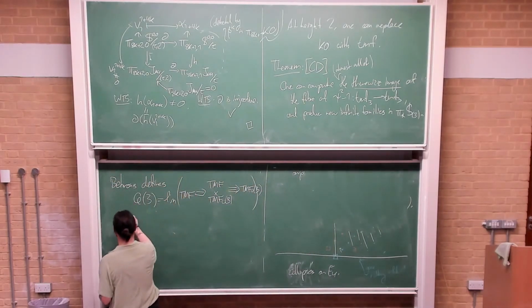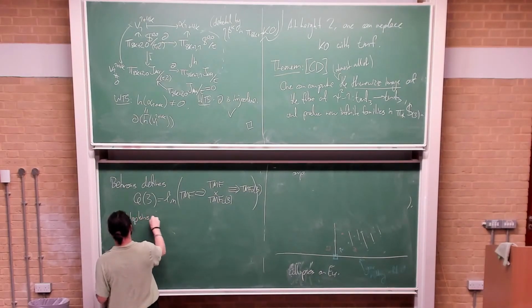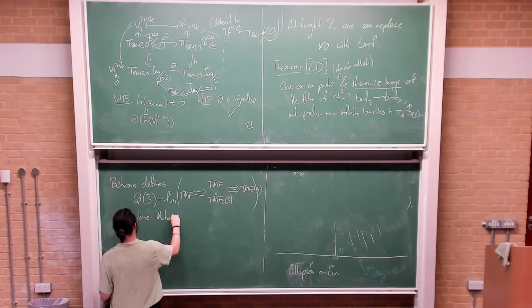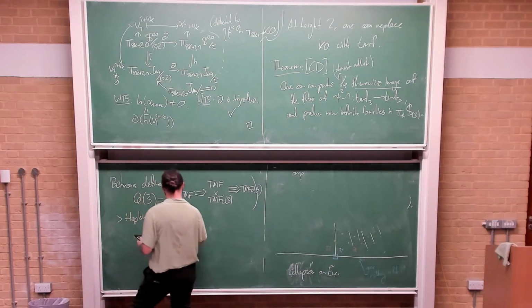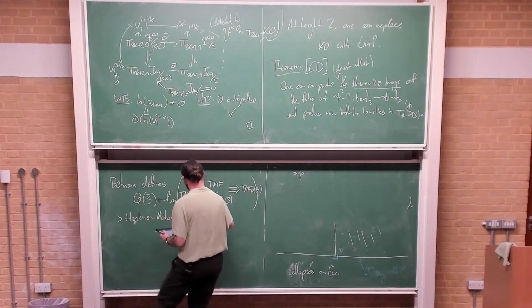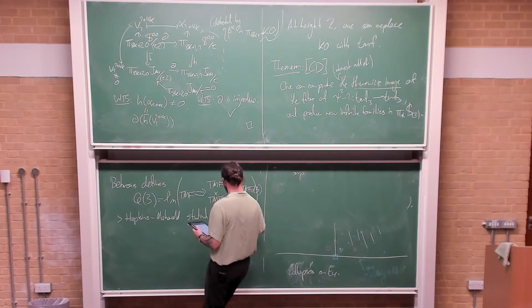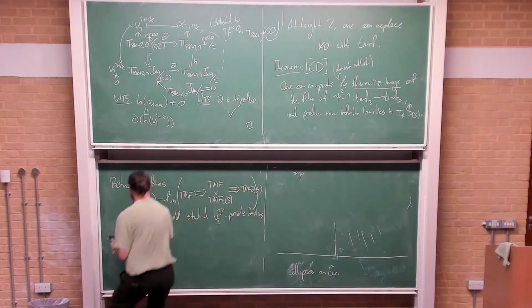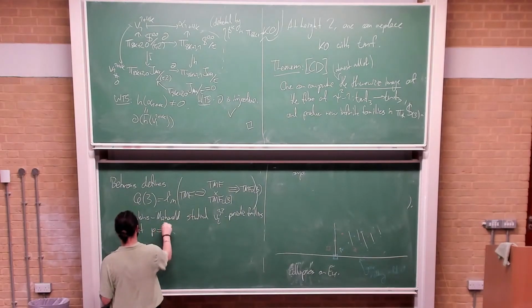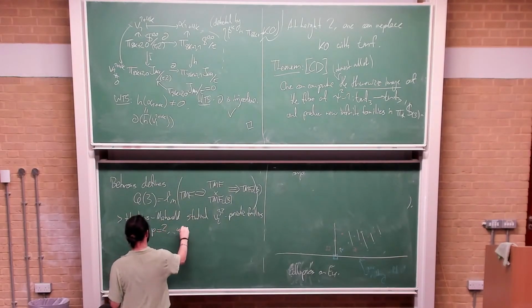yeah, I just want to state that Hopkins and Mahowald studied V2 to the 32 periodic families at p equals 2. And to do this, they use TMF.